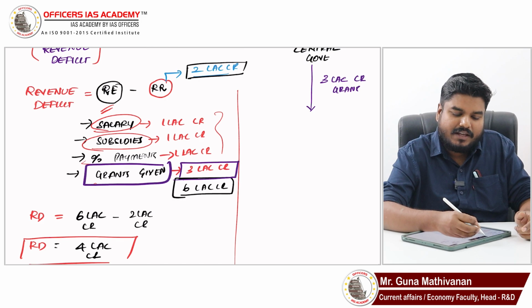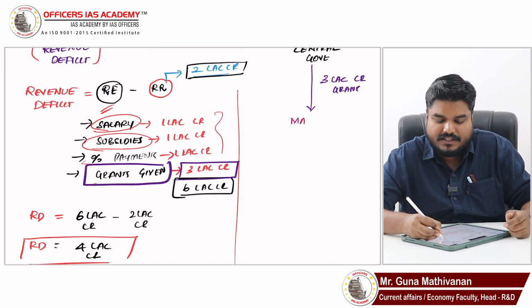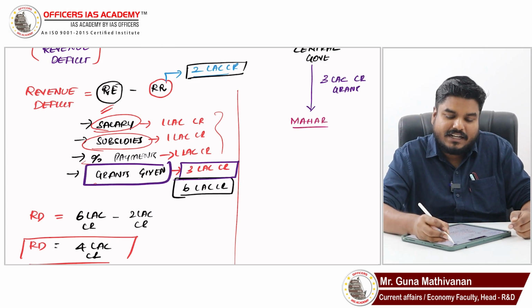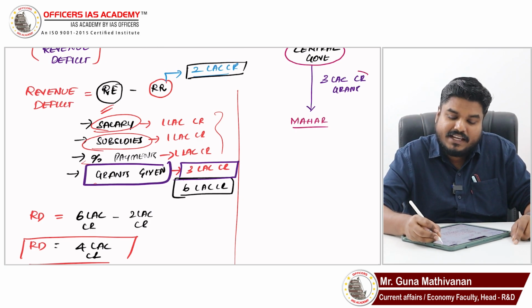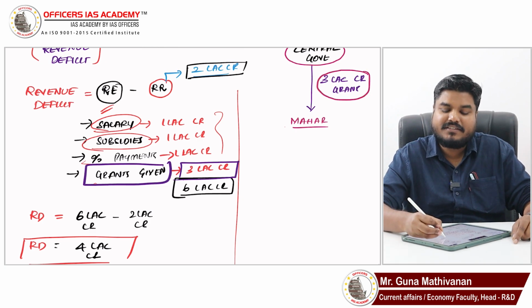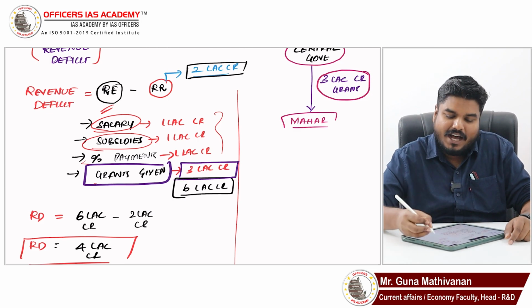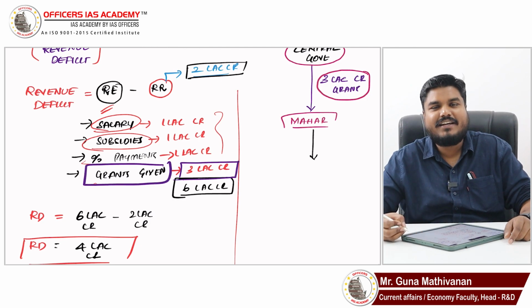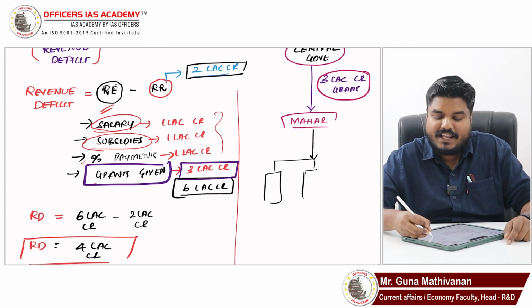I will take a particular state. Let's take Maharashtra. I am assuming the central government is giving this entire 3 lakh crore rupees of grants to Maharashtra, and Maharashtra is using this entire 3 lakh crores for creating assets.